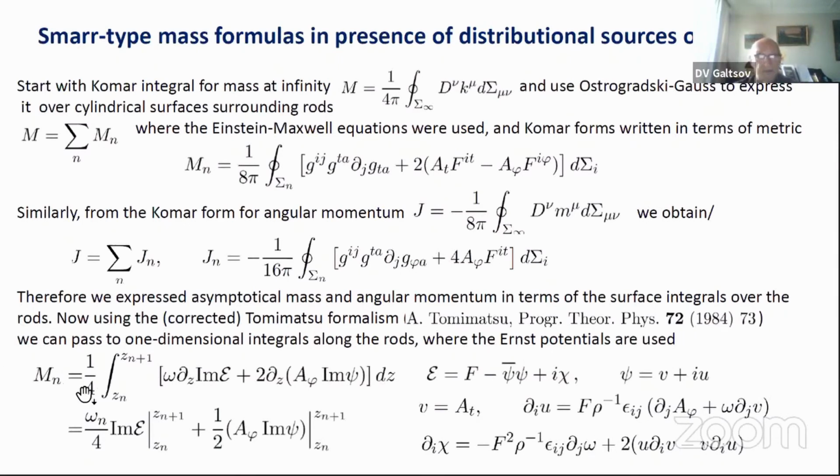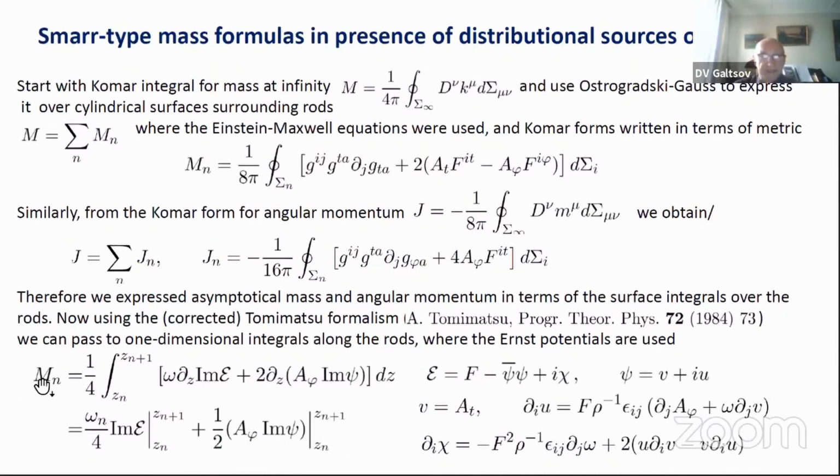Then, using that, you can transform to an integral on the axis, one-dimensional, between the turning points. So the contribution of each rod will be the integral between Zn and Zn plus 1, the turning points of that rod, of such quantities. And the integral is easily evaluated, so it just gives you this algebraic relation.